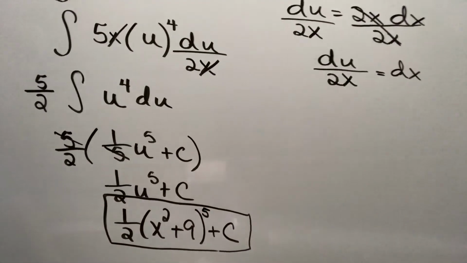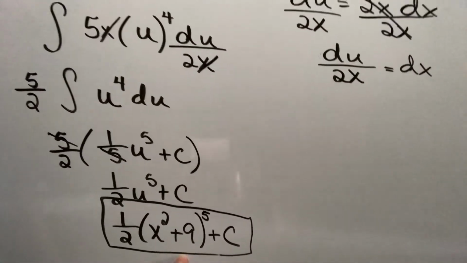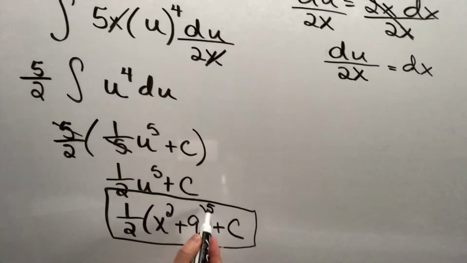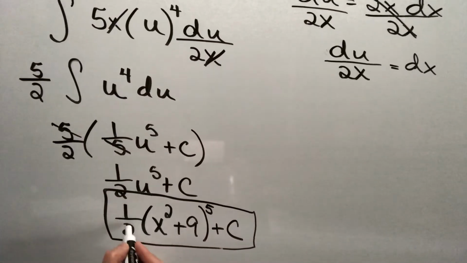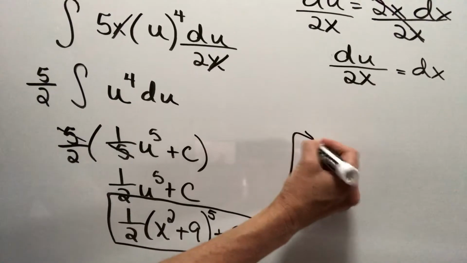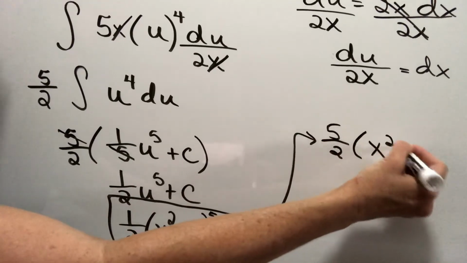All right, so by checking that, I will take the derivative of this answer and see if it matches the original problem. Okay, so what you do is you take the exponent 5, multiply that by the number in front. So 5 times 1/2 would be 5/2. I would keep the inside the same, x squared plus 9.